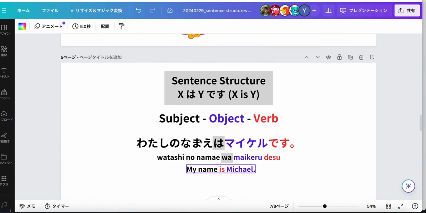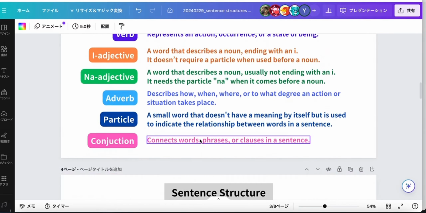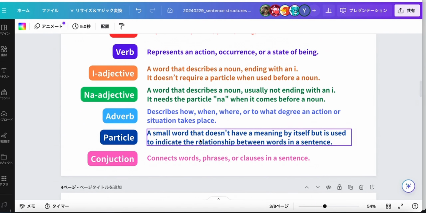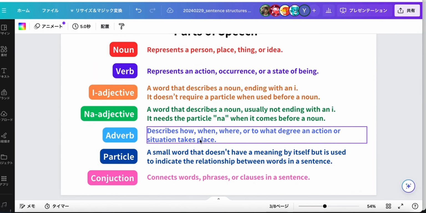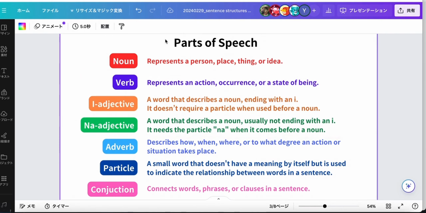And at the end of the class, I'm planning to get you guys to make some sentences about yourself, like two truths and one lie kind of thing. But anyway, first let's get started with the parts of speech.